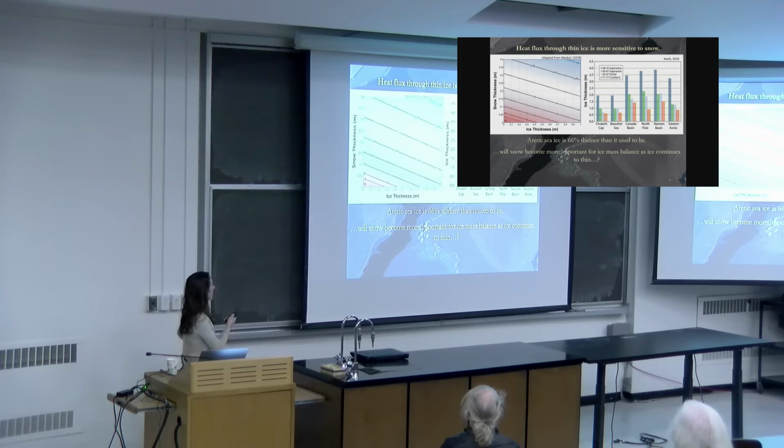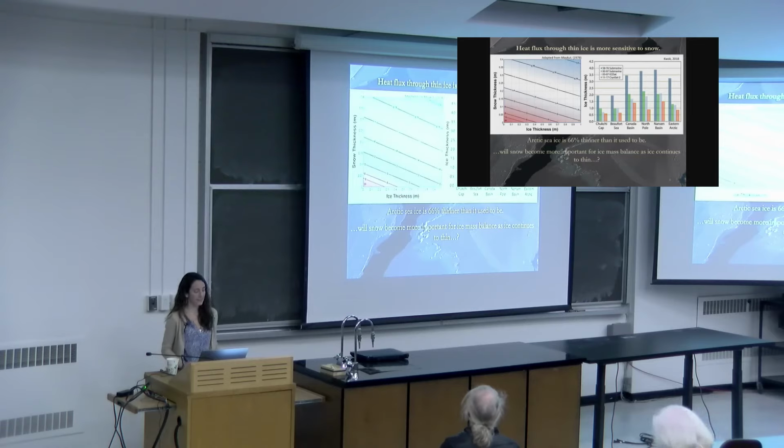So if you look here, this is a number that's 20 in case you can't see in the back. And it goes to 1, and that's just a 30 centimeter difference in snow cover for very, very thin ice. So perhaps snow will become more and more important as ice continues to thin and as the climate warms. That's an open question, and that's something I'd like to look at in the future.